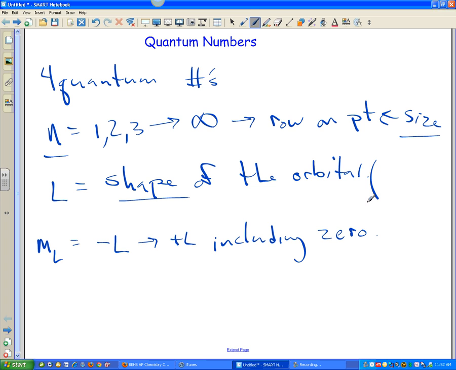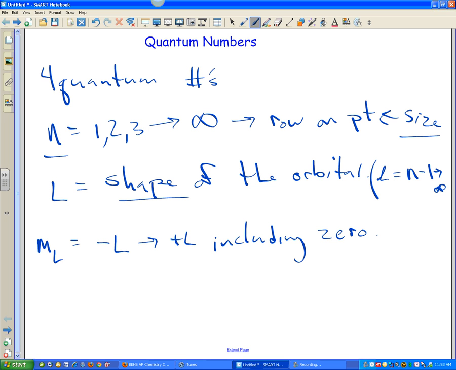The way that we find L is equal to n minus 1 to infinity. Oh, I keep doing that. So we just find n, and L can be any number that's at least one less than n. I hope that makes sense.